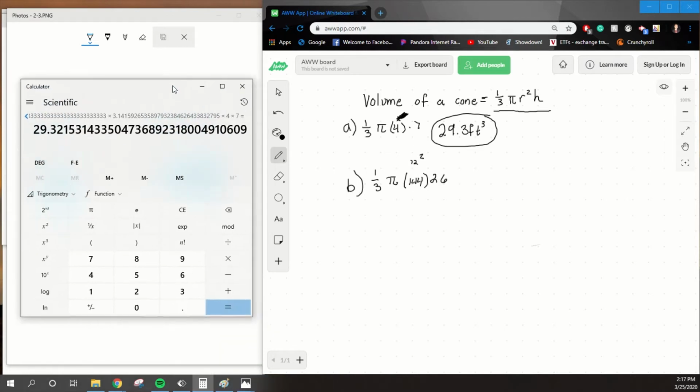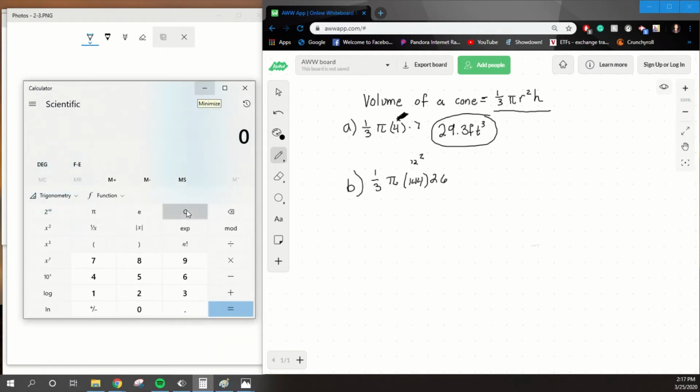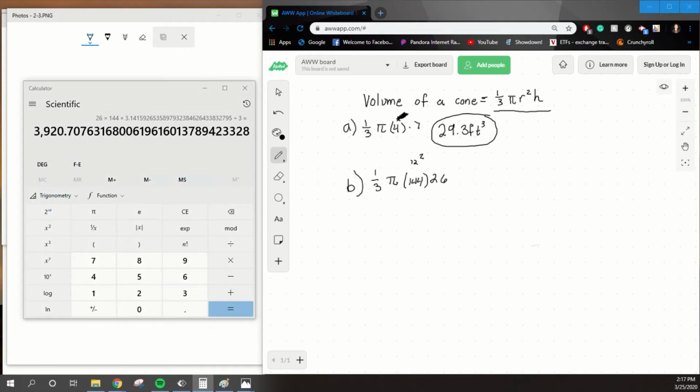Let's go ahead and plug that in just by multiplying it and then dividing by 3. So we get 26 times 144 times our pi divided by 3. So we should get 3,920. Let me double check our answer here. Yeah, 3,920, and don't forget that we are rounding to the nearest tenth.